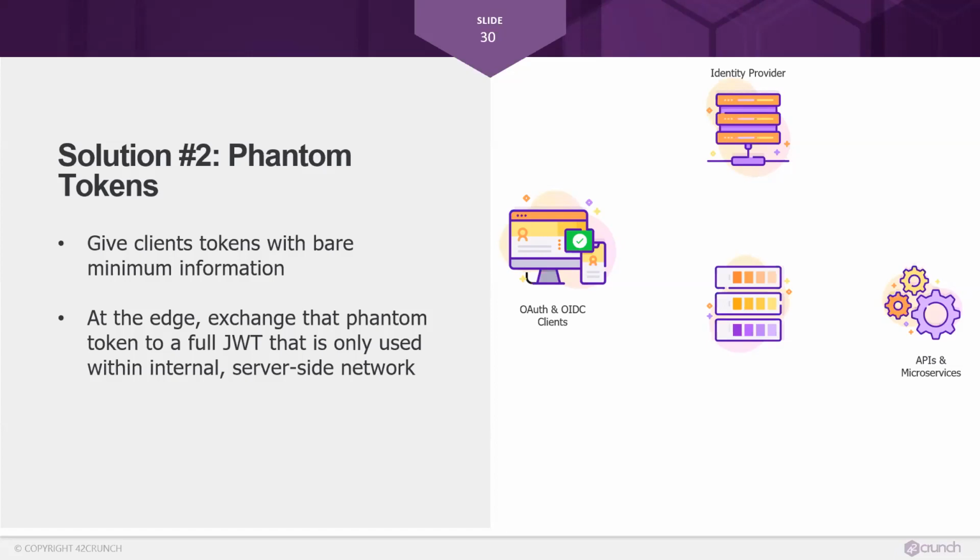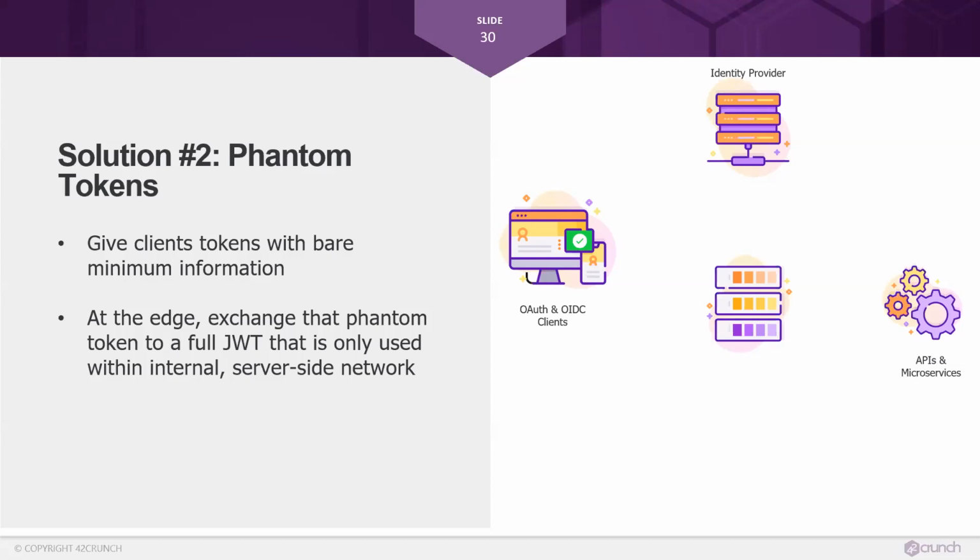So this PII should not go out on the internet. And one good framework, one good solution, is to use what is called phantom tokens, meaning that you will use an opaque token over the internet between the client and some entity that will stay at the edge of your network.